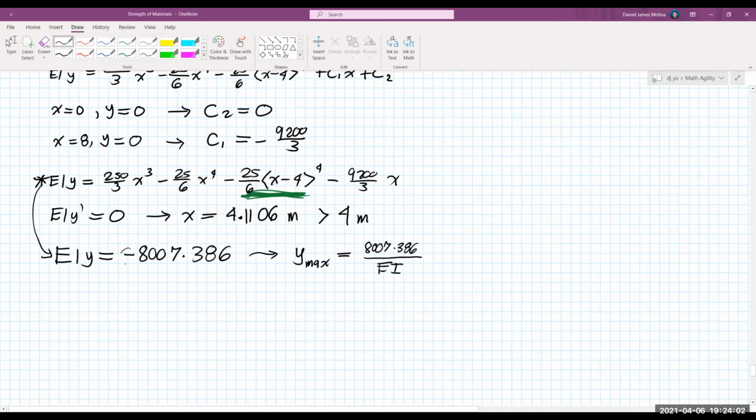Since we have a negative sign, it only gives us the direction, or the location, of the elastic curve, which is below the original elastic curve. So this is our maximum deflection using the double integration method.